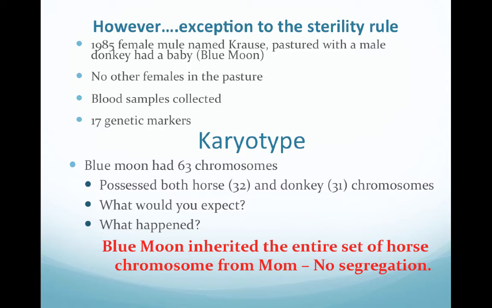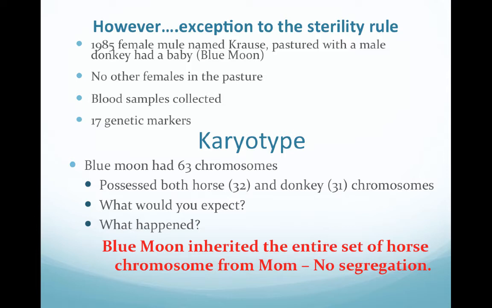Because this was such a conundrum relative to what had already been shown many, many times as far as mules being sterile, the veterinarian and the producer took blood samples, sent them off for DNA testing, and they genotyped 17 genetic markers within the genome.